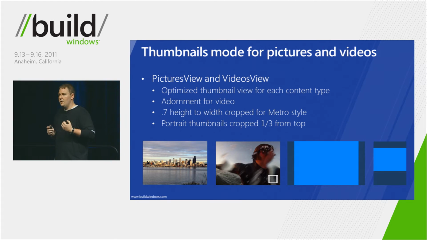Because we tend to find one of the most important elements in pictures is people's faces. This is a great average where we take the space vertically and divide it into thirds, crop the first third off, and keep the bottom 2/3 of the image. We find this is a great mix to hit the focal point for whatever is in a portrait space. And from there, that gives me one contiguous, homogeneous set to scroll through and look beautiful.